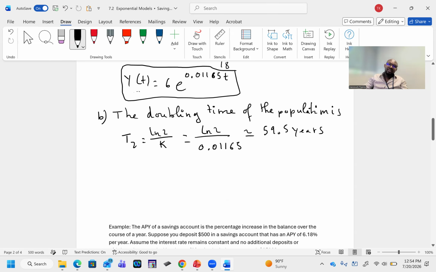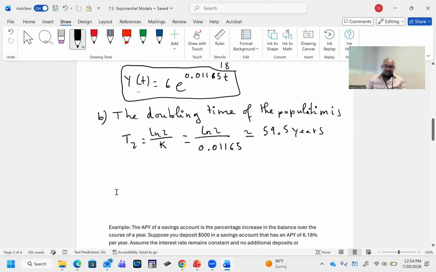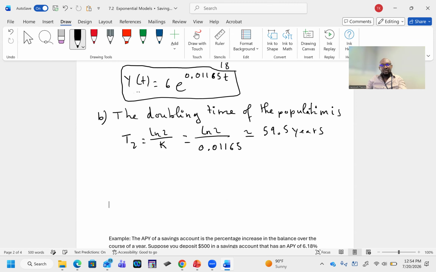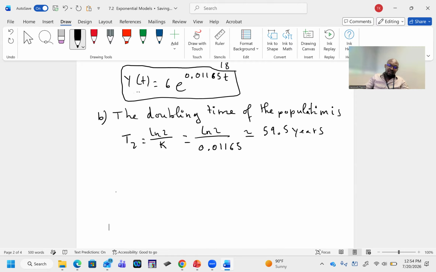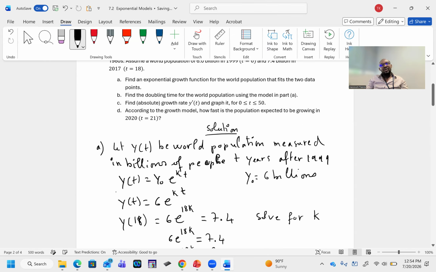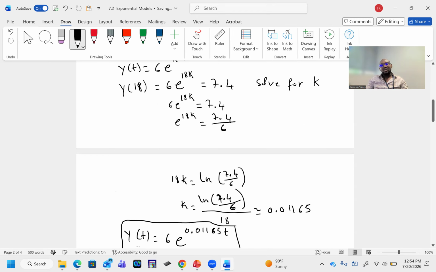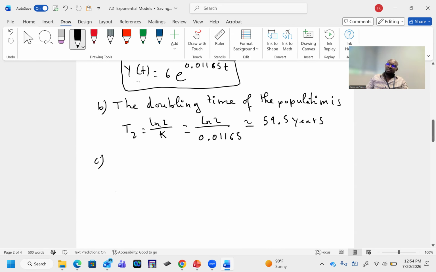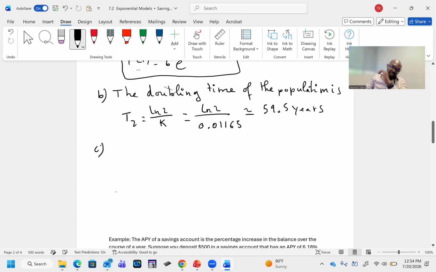And then C, we are asked to find the absolute growth rate y prime of t and graph it. So again, I'm going to graph, but you know how the shape of an exponential is, right?